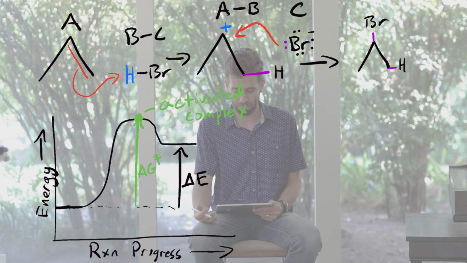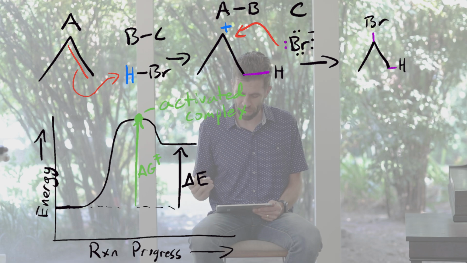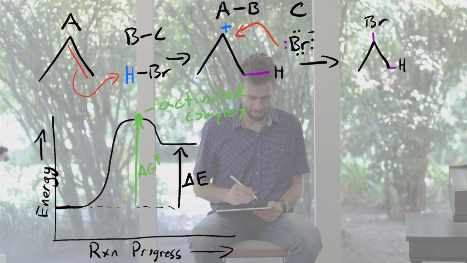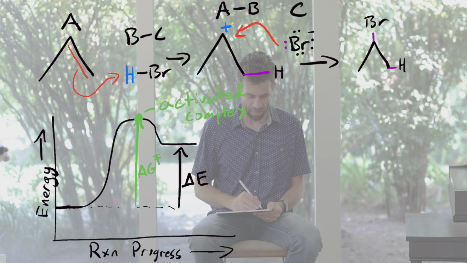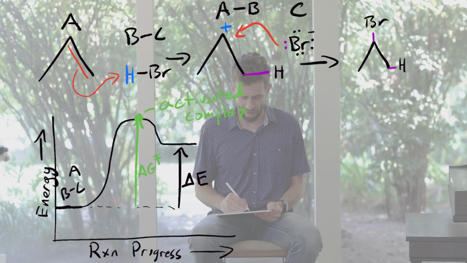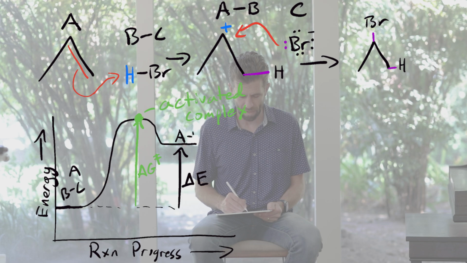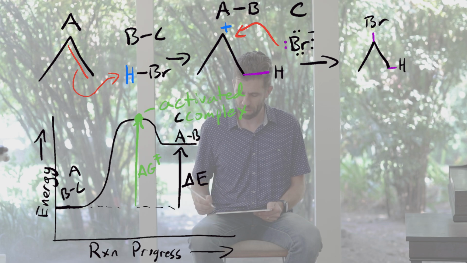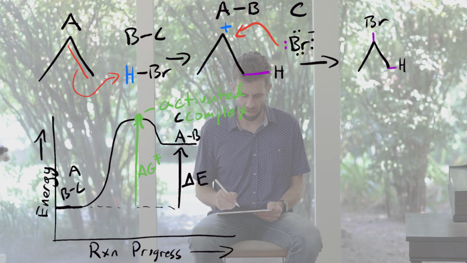And so if we think about this, at the beginning, you have A and you have B, C. And at the end, you have A, B, and you have C. So what do you have in the activated complex?